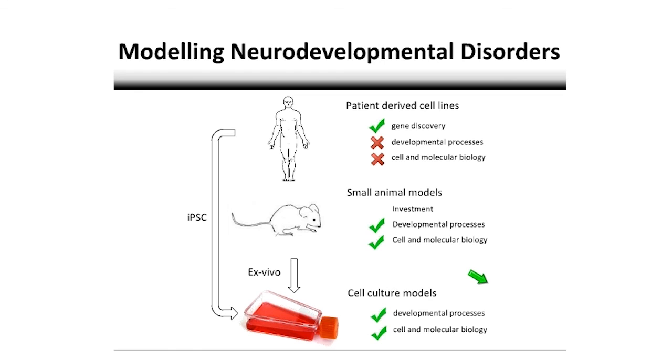Of course, now with this information, we're investing in more sophisticated models of induced pluripotent stem cells and small animal models, which will give us some nice physiological readouts. But I wanted to just stop there.